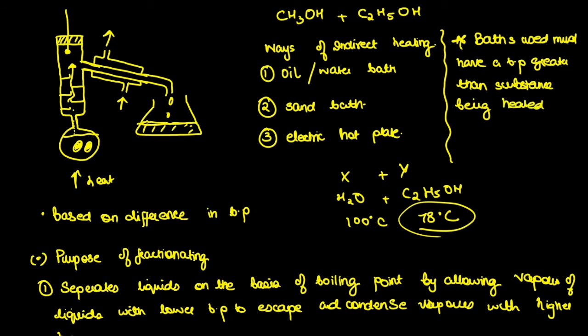You should not heat, for example, diesel through a water bath, because the water bath will evaporate before it reaches the boiling point of the diesel. So this is a very important fact.